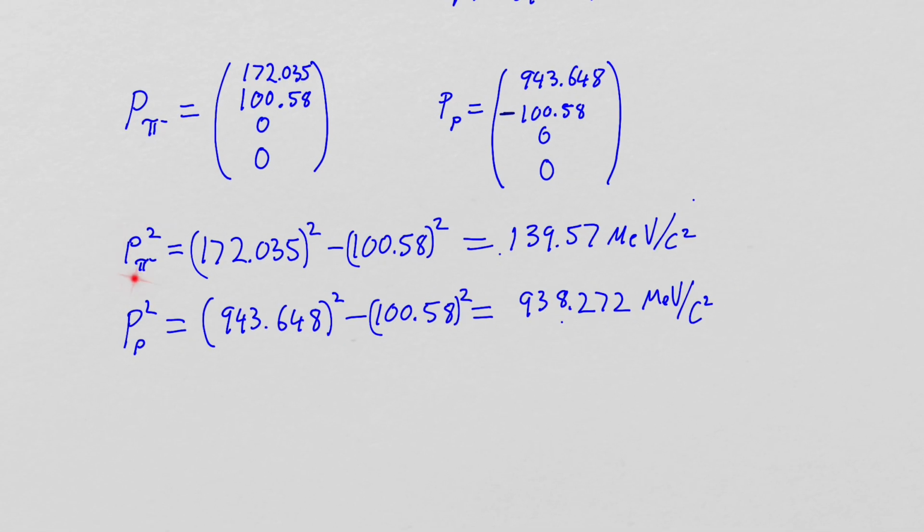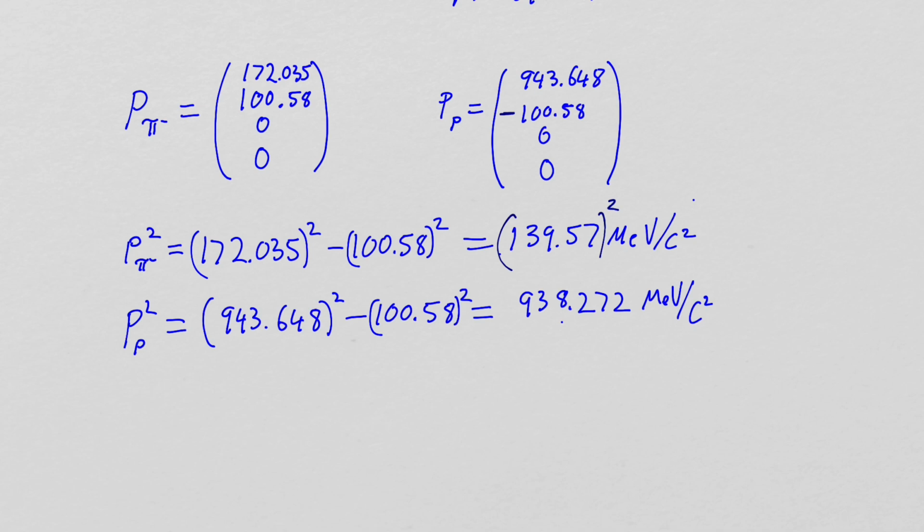And sure enough, for the rest mass of the pion, you do the calculation, it's 172.035 squared, and because of the Minkowski nature of 4 vectors, you subtract the square of the second component, and you end up with 139.57 squared.